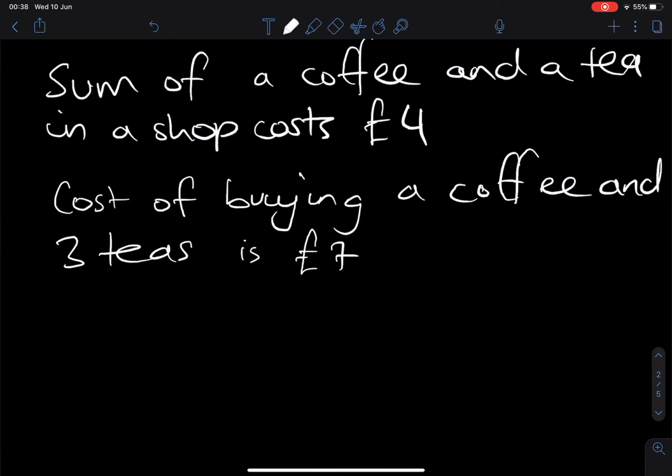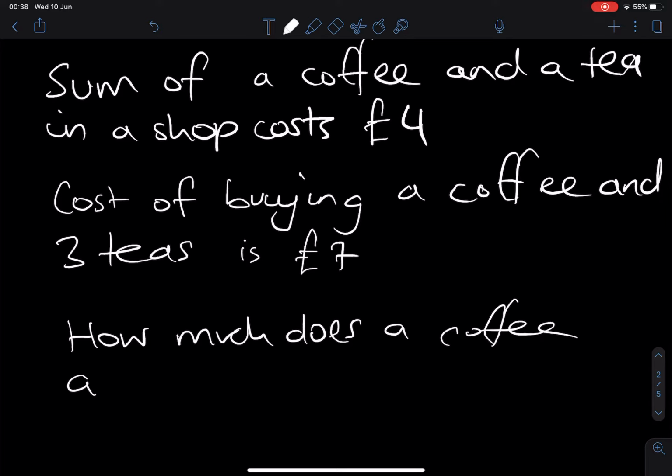And the question is, how much does a coffee and tea cost individually?